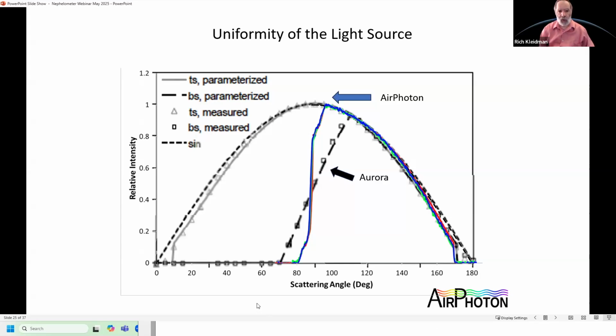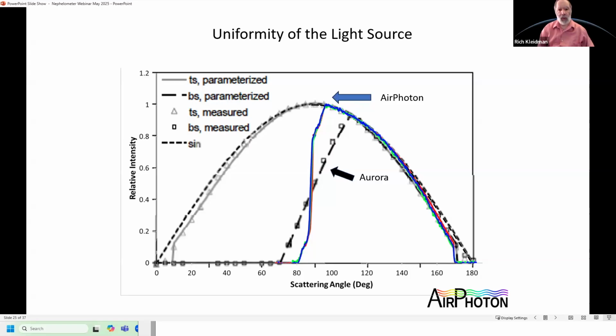However, if you recall, no nephelometers are going to go all the way to 0 and 180. So this is, in practicality, more of what you would get if it was a perfect sine curve.